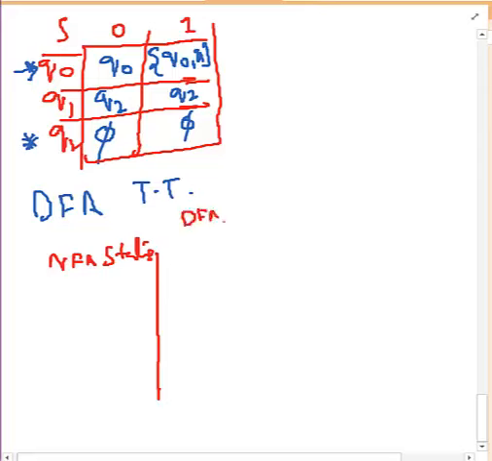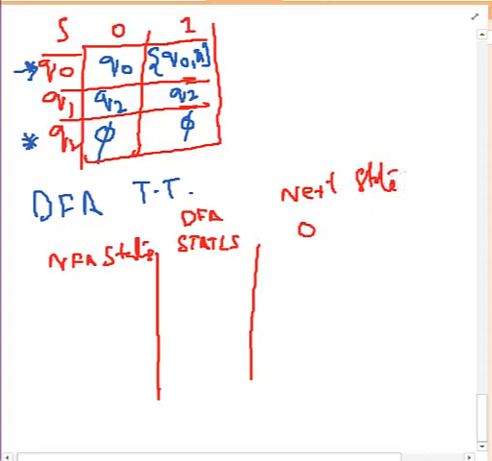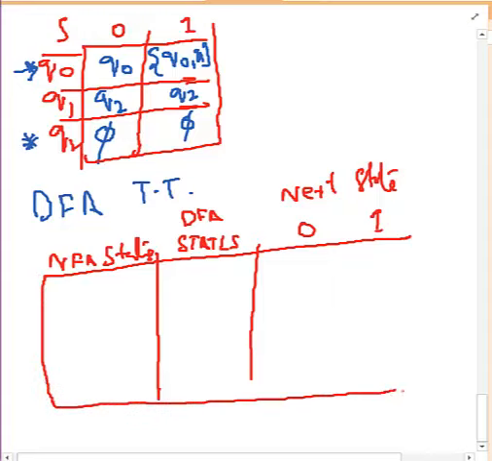Then I have the next states, and the input symbols we have, that is 0 and 1, right? Now we will keep in mind all those points we have discussed. Let me change the pen again.